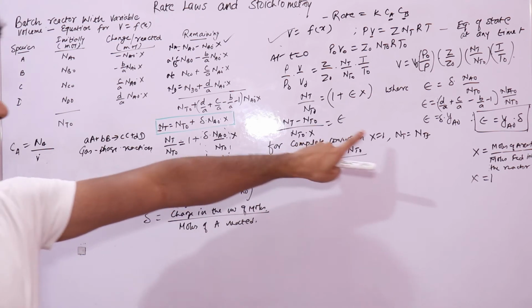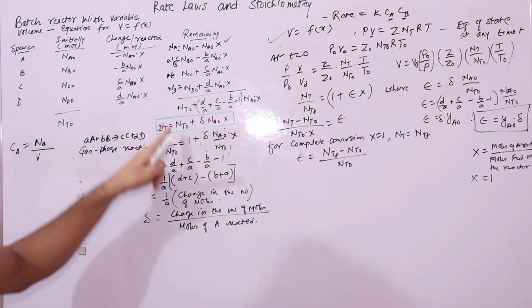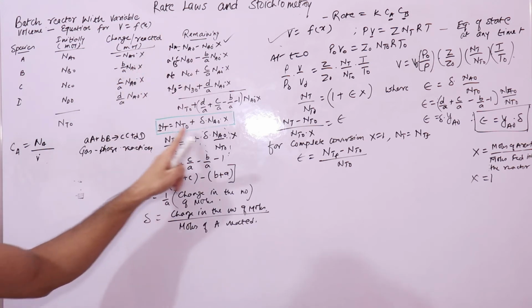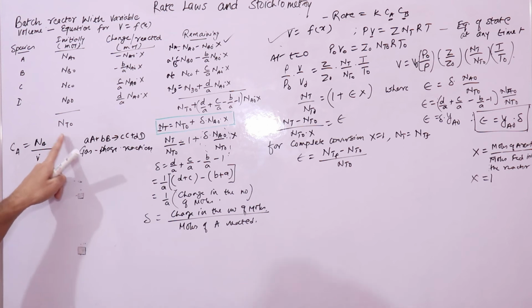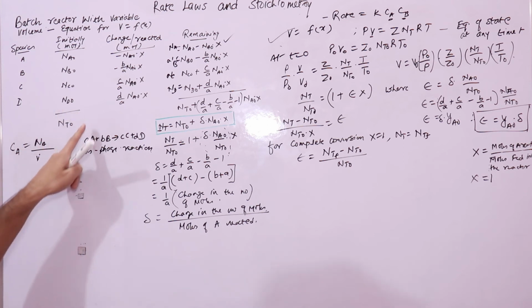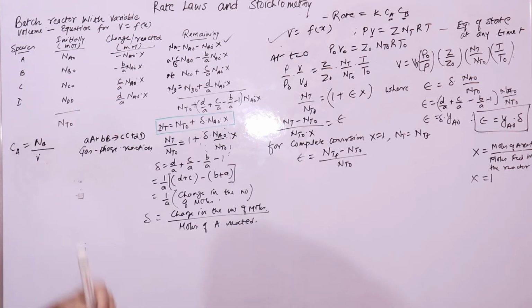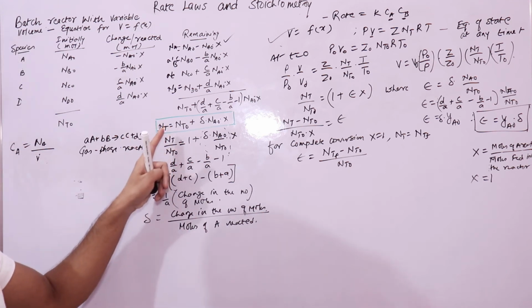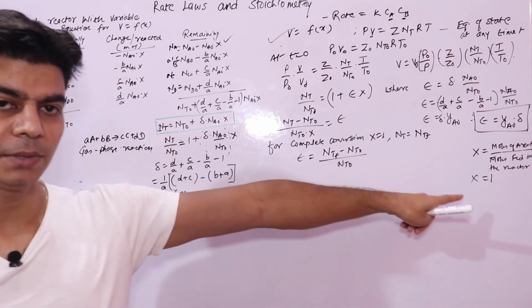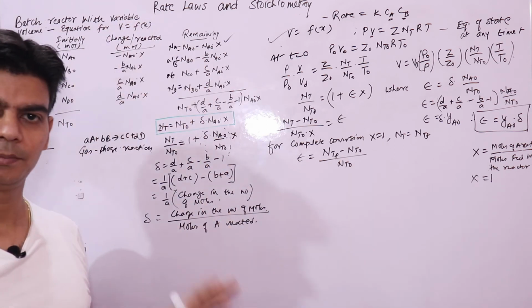At complete conversion, when this reaction is complete, the total number of moles remaining would be NTF, and the initial number of moles that you have taken is Nt0. After complete reaction, NTF moles are left. When we say complete conversion, that is when the reaction has completed, right?